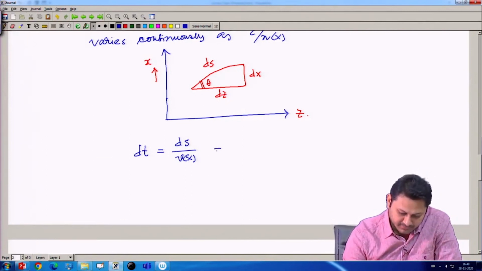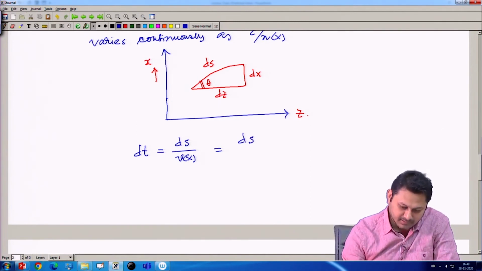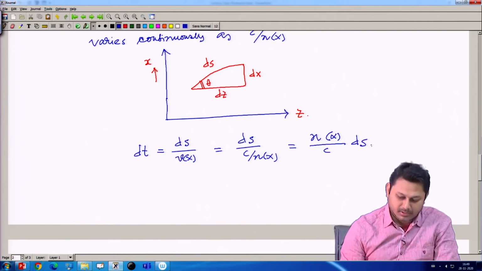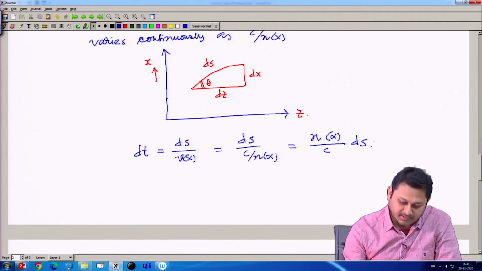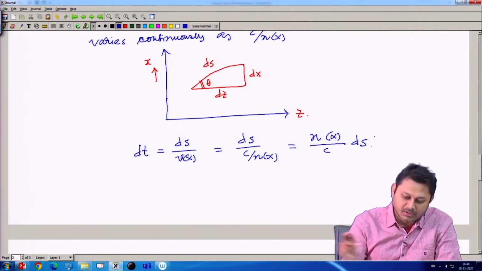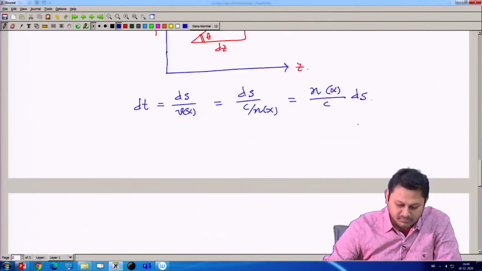Now, this quantity is ds divided by c over n of x, or it is simply n of x divided by c times ds. So, I need to evaluate this right hand side in order to find the value of t, the entire time.